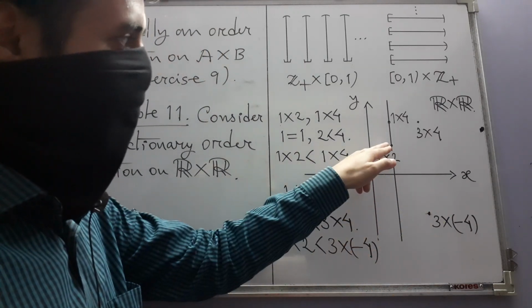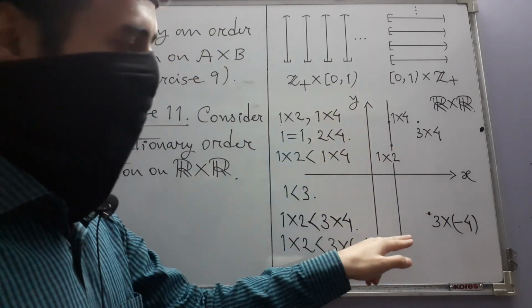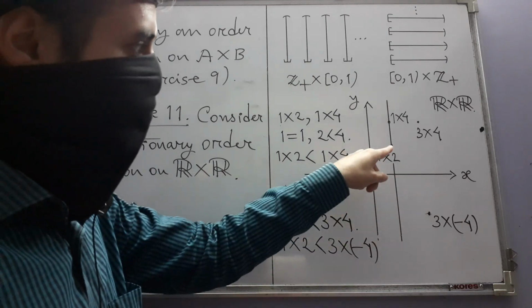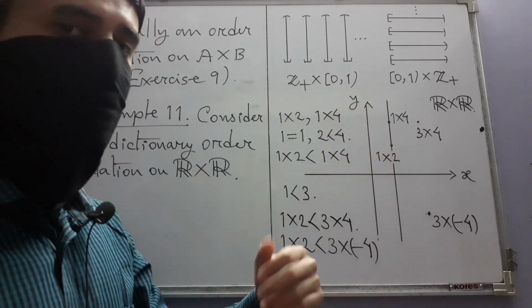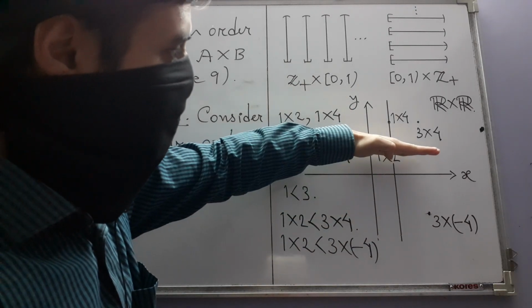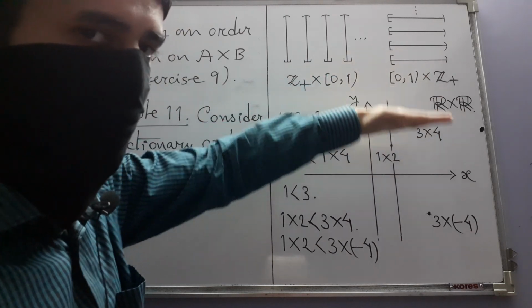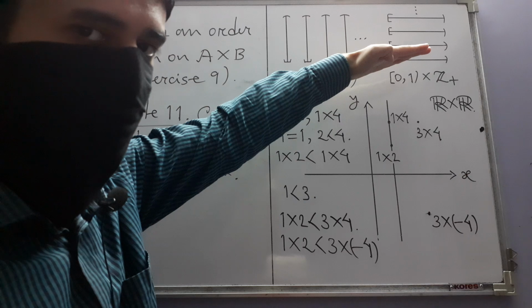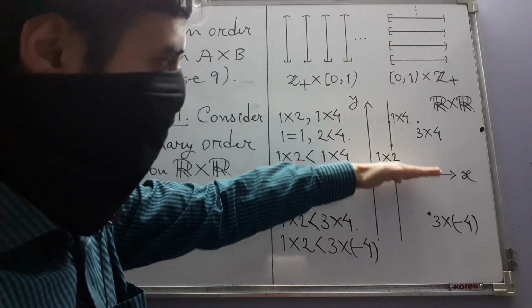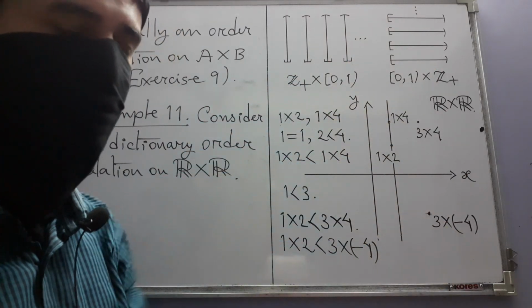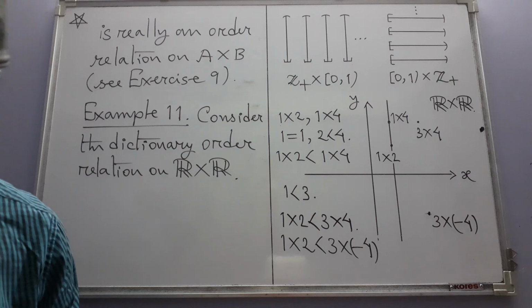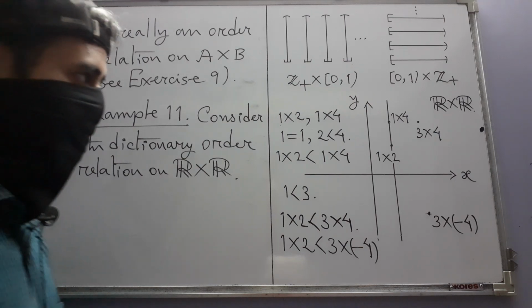But points that lie on that same vertical line as the chosen point are greater or less like this. Any point that lies above this 1, 2 is greater than 1, 2 in the dictionary order, and any point that lies below is less than 1, 2. So dictionary order goes like this.